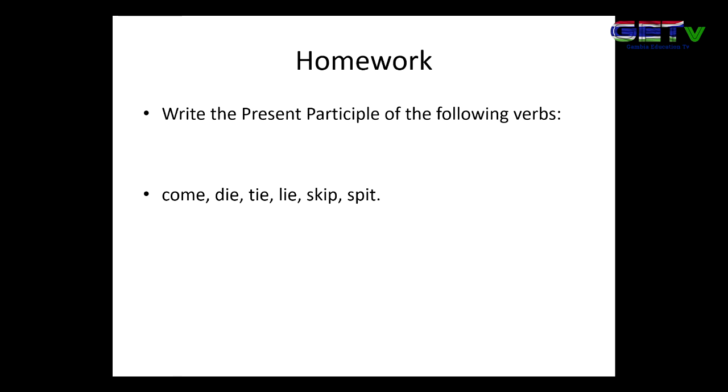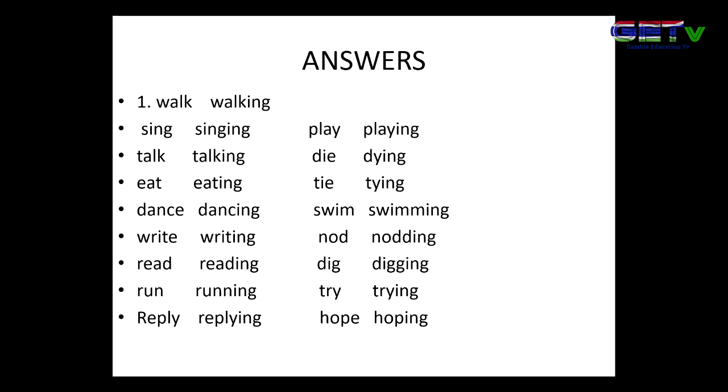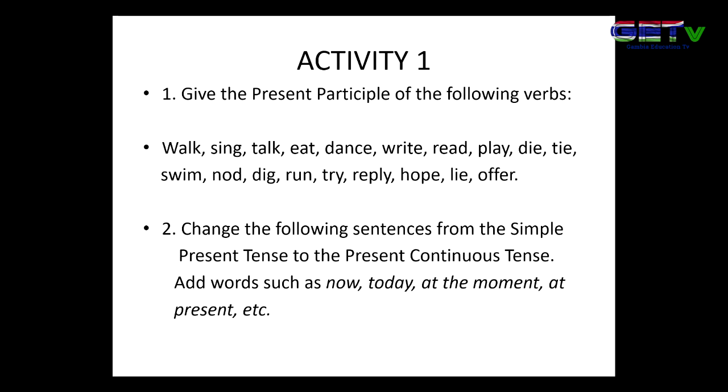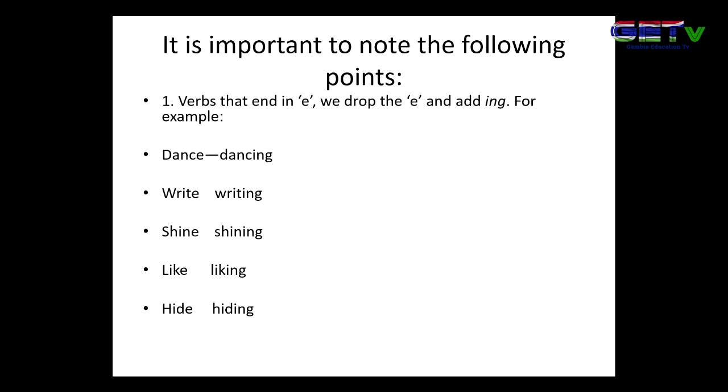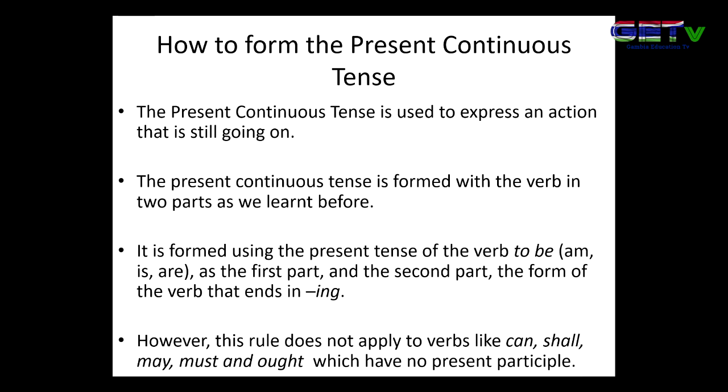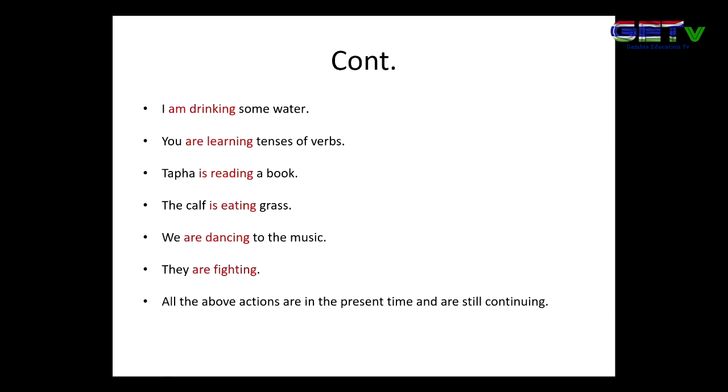Okay? That was the exercise. We have a homework that you need to do at home before the next lesson. Before we do that, let's go over some key points here, to refresh your memories.